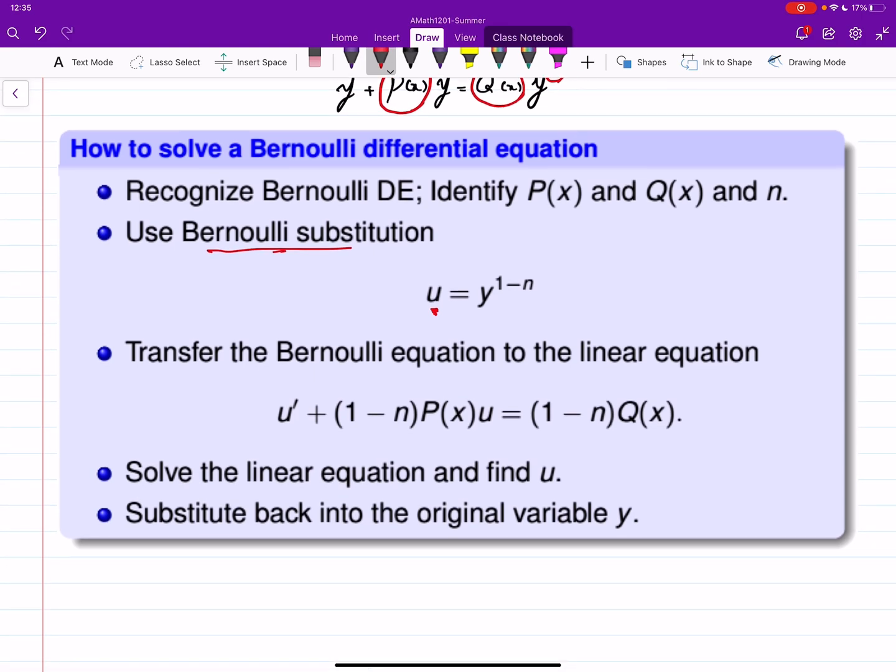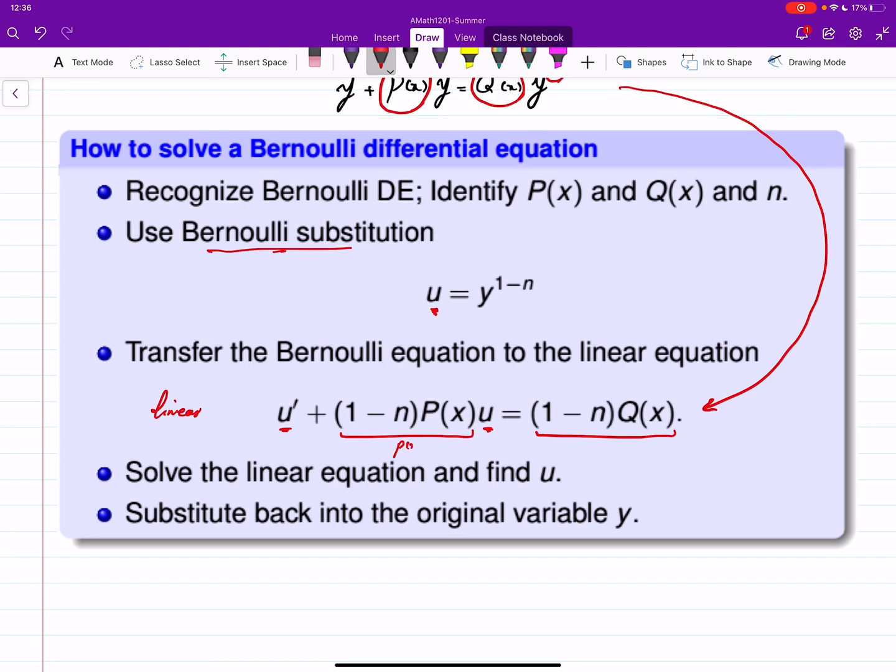Then we transform our equation into an equation for the new variable u. If you do all the steps correctly, you will see that your equation turns into this equation: the derivative of u times a multiple plus a multiple of u equals something, and there is now no power of u there. So this is a linear differential equation.